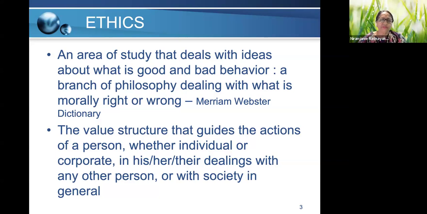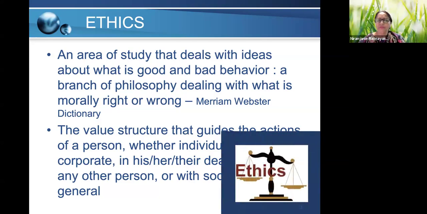As far as professional ethics are concerned, I think the second definition has more meaning because it's a set of guidelines which gives us direction on how to handle situations when dealing with other people and the society in general, right? It's something like the law, which is trying to balance the pros and cons of a situation and deal with it, right?